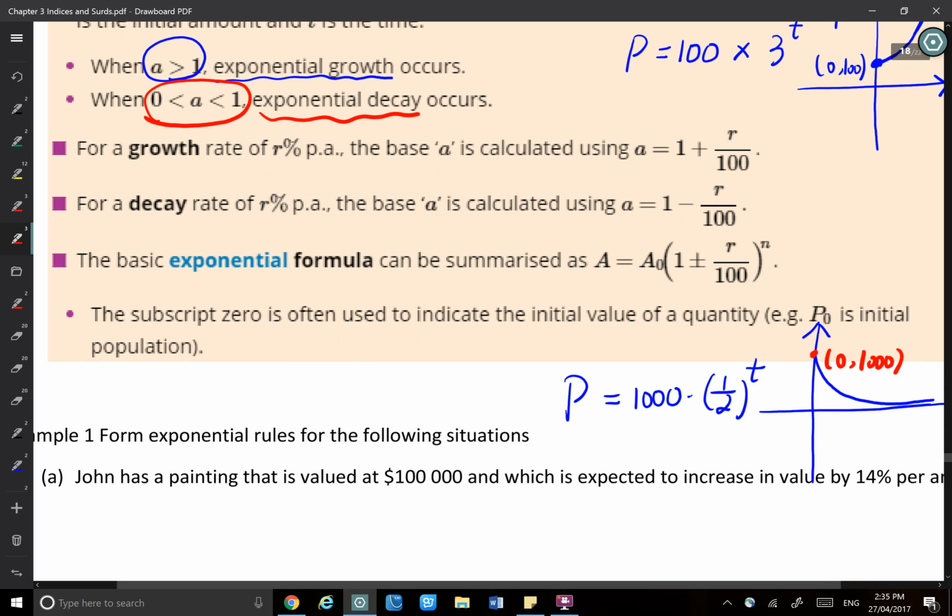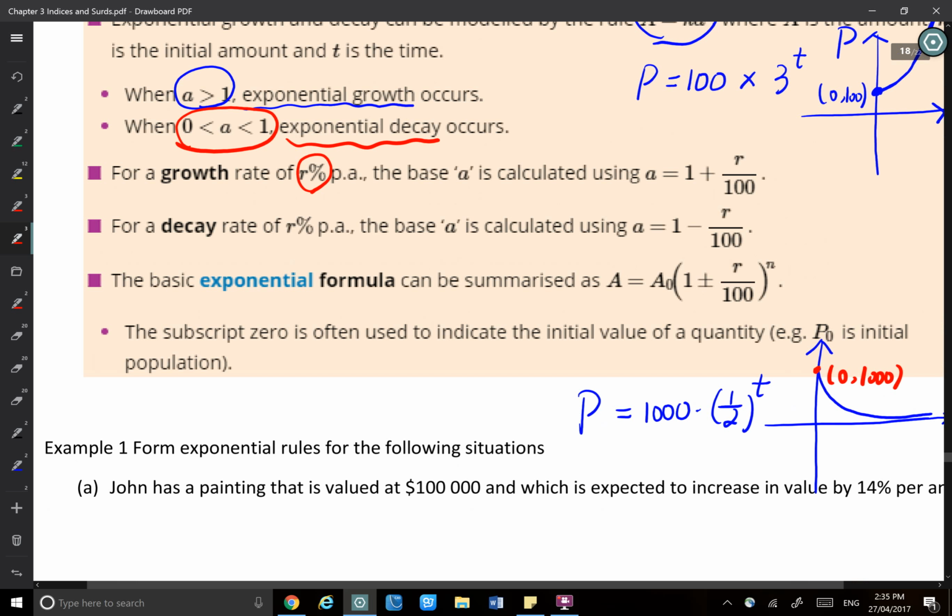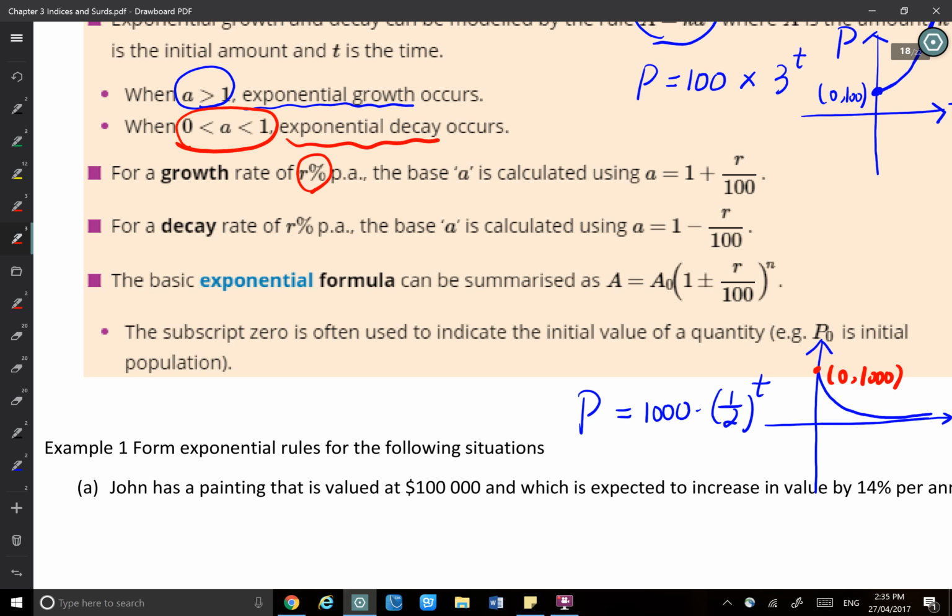Again, for a growth rate of R% per year, per annum, the base a is calculated using 1 plus that rate.